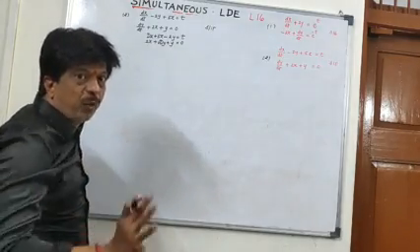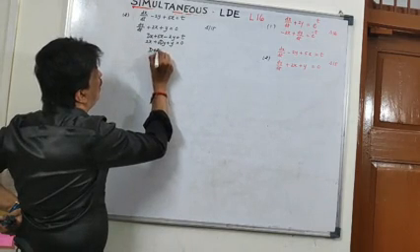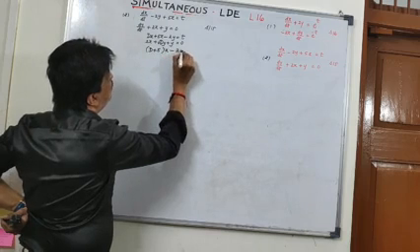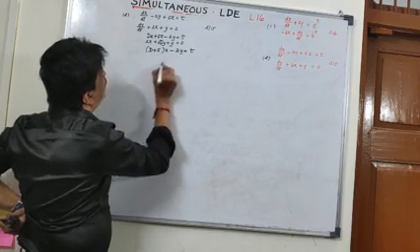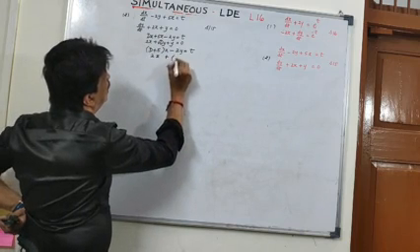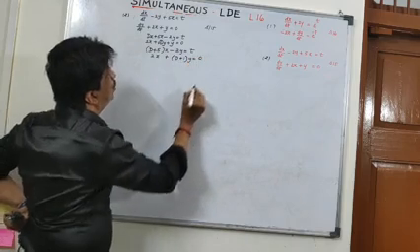Rewriting in a more handsome form: (D + 5) times x, taking out x, minus 2 times y is equal to t. And 2x plus (D + 1) times y, taking out y common, equal to 0.